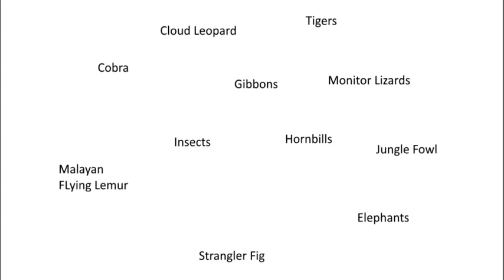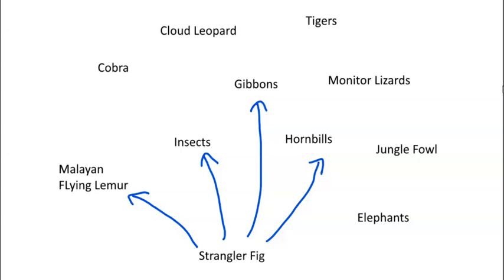The blank arrangement of organisms for our food web is shown here, and what we can do is with an arrow we can track where the energy and matter is going from the strangler fig to the insects, to the gibbons, to the hornbill, to the elephants, and perhaps even to the jungle fowl, although I've never observed that.